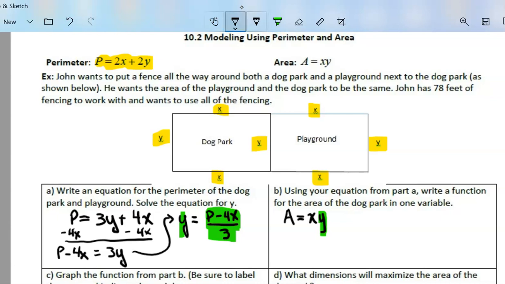When we do, we get x times p minus 4x over 3. And that would be the function for the area of the dog park in one variable.